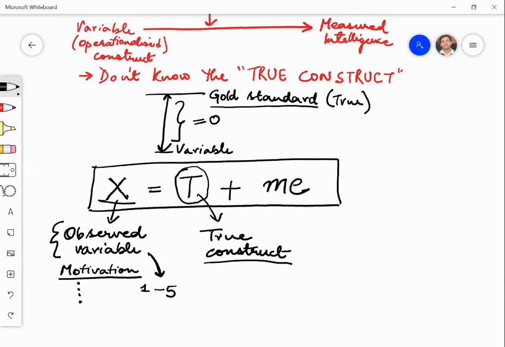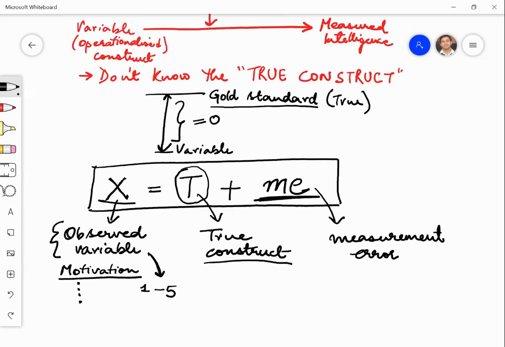So this is the true, and there will always be a difference between observed and the true, which is called the measurement error. There will always be some error of measurement. One, because we don't know the gold standard, and second, because the items or instruments that we create have a lot of problems.